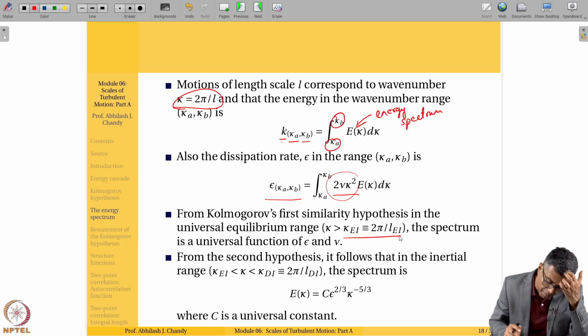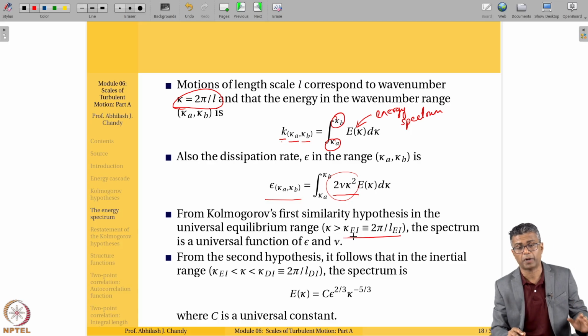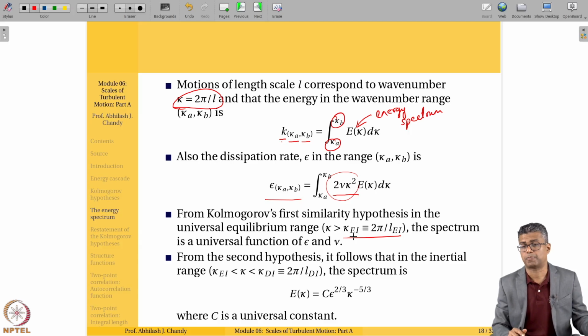This is the wave number associated with the energy containing scale. So for kappa greater than kappa_EI, the spectrum is in the universal equilibrium range, so it depends on both epsilon and nu, which means your energy spectrum function should only depend on epsilon and nu, isn't it?